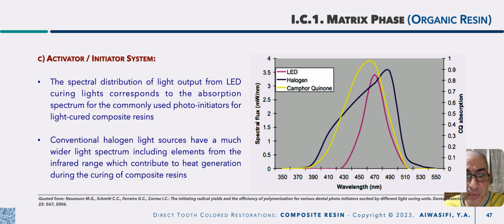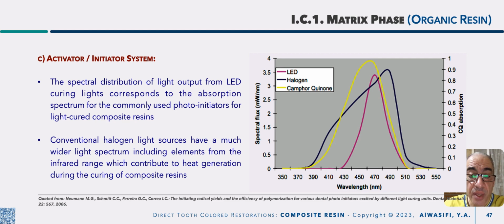In this graph, okay, you could note that the camphoquinone range is in yellow, LED in red, and quartz tungsten halogen in blue, the blue one, okay. Quartz tungsten halogen has a wider spectrum where you use only a narrow part to decompose camphoquinone, and the other, the excess radiation, will be transformed into heat.